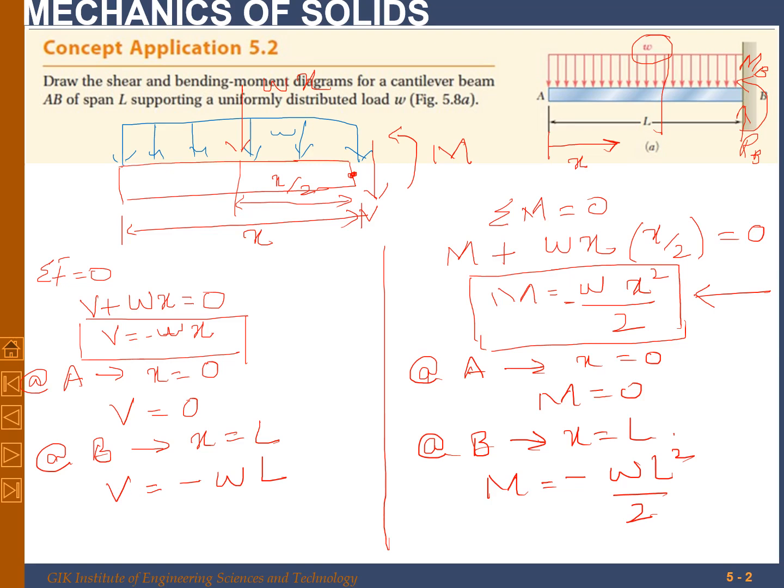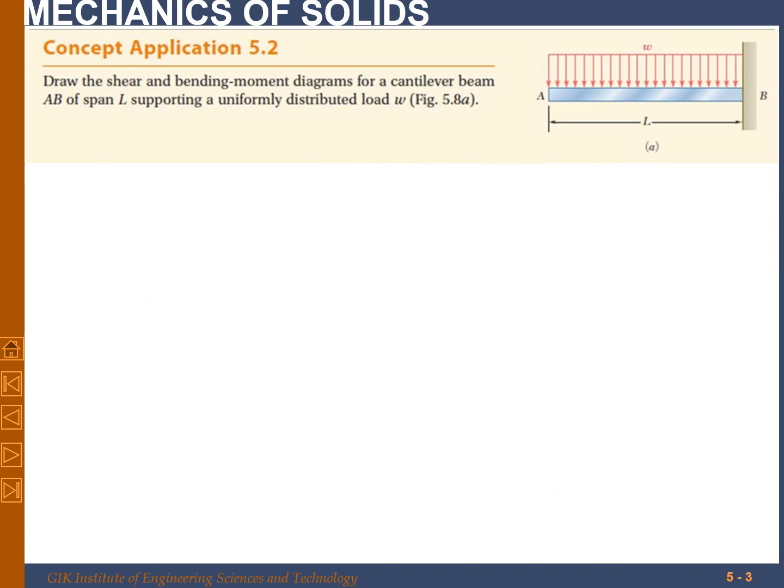Now, how do we draw the shear force and bending moment diagrams for this problem? Let's see. If we remember the expression for the shear force, we have V equal to minus Wx, and for the bending moment we have M equal to minus Wx square by 2.